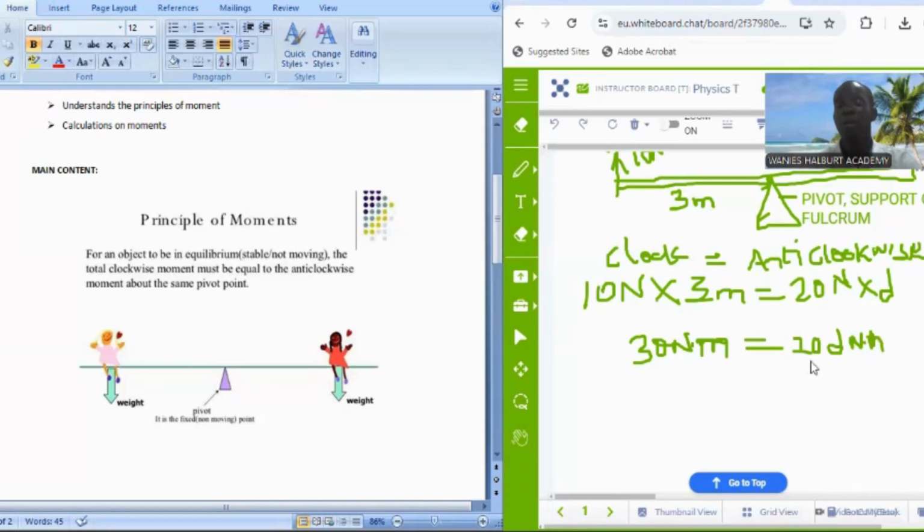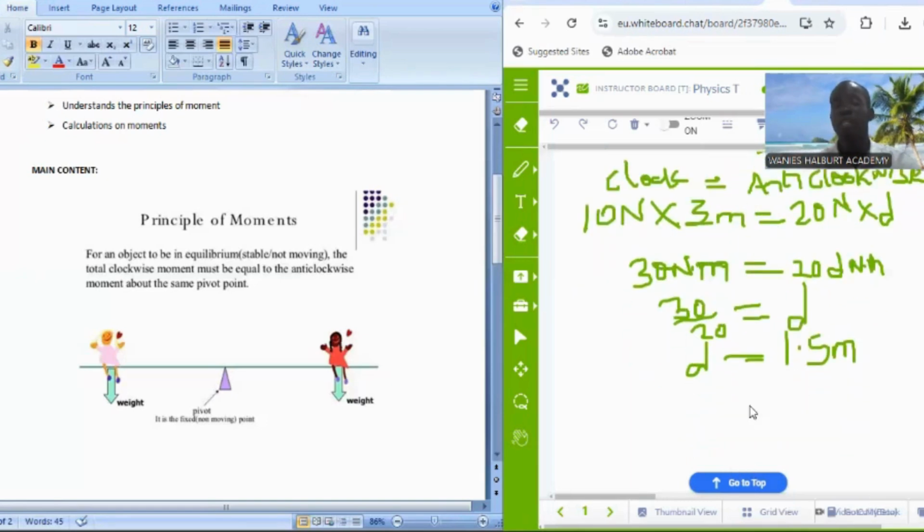So now we make d the subject of the formula, which gives us 30 divided by 20 equals d. Therefore, d is equal to 1.5 meters, because the unit of distance is meters.